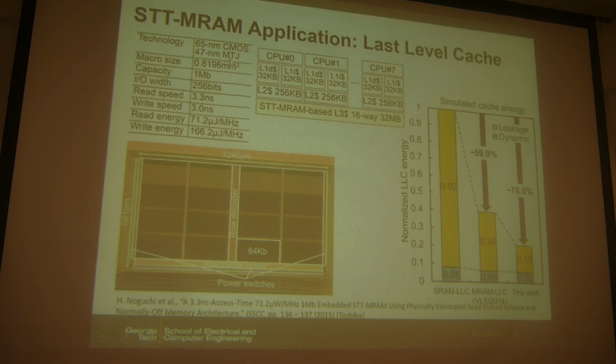Because at the same technology node, this one is denser than the SRAM, so you can have larger capacity. And also this one is non-volatile. If you don't use that cache, you can power off, and your data is still there when you power on. So this is very good for your smartphone, those low power applications.